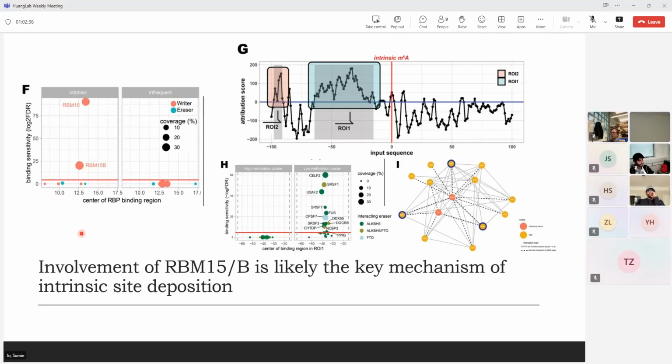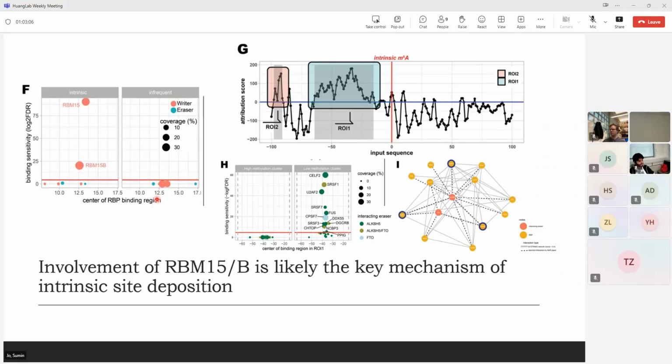However, the context under which this recruitment happens has not been discussed. Here it seems to suggest that RBM15B binding is unique to intrinsic sites, and that binding recruits the main methylation complex to carry out this tissue-independent or intrinsic methylation.